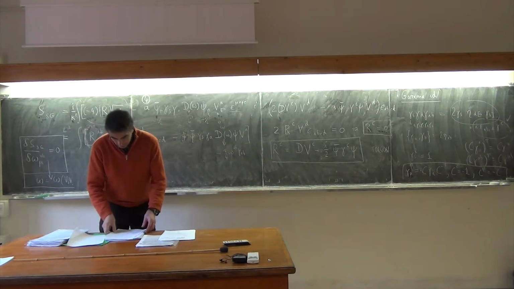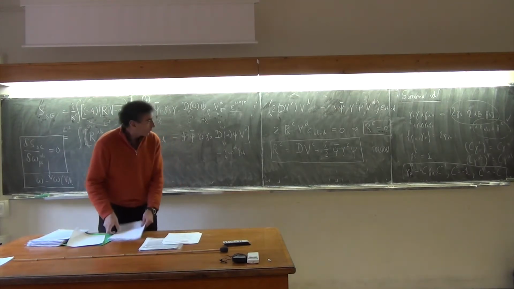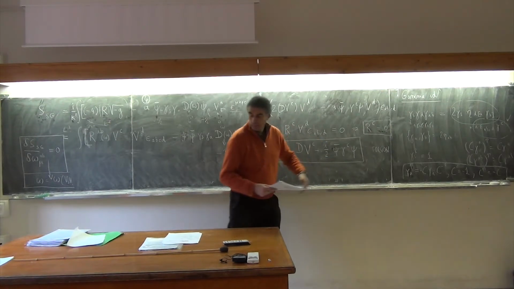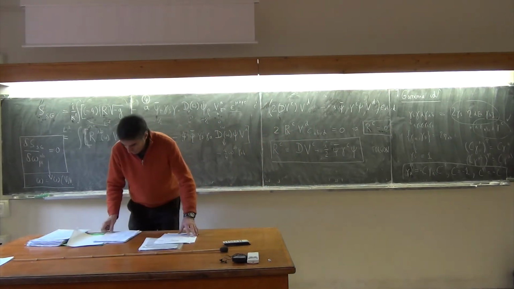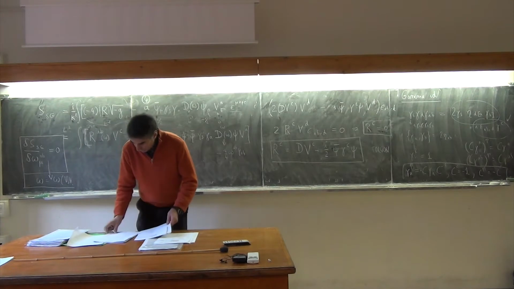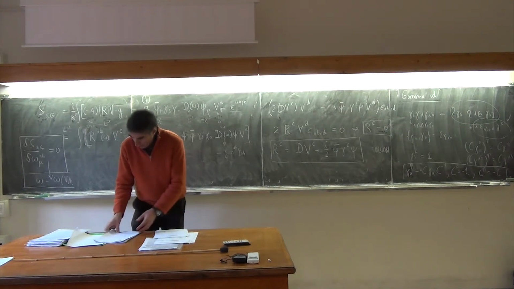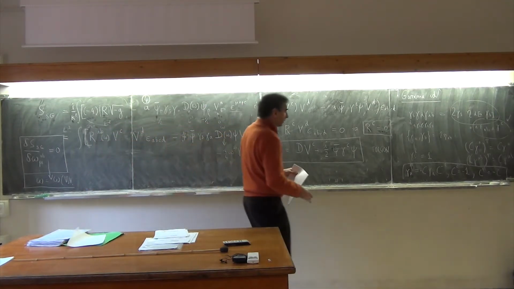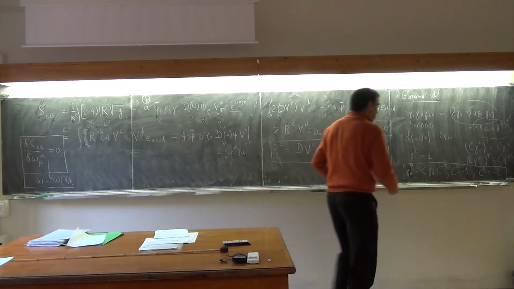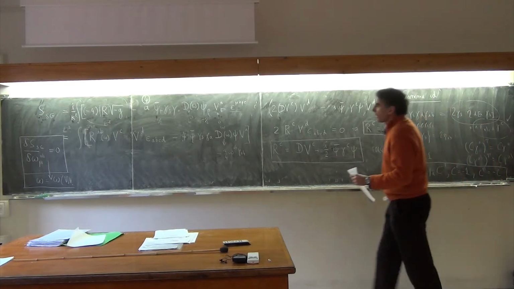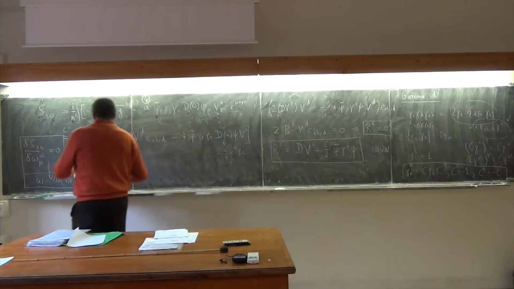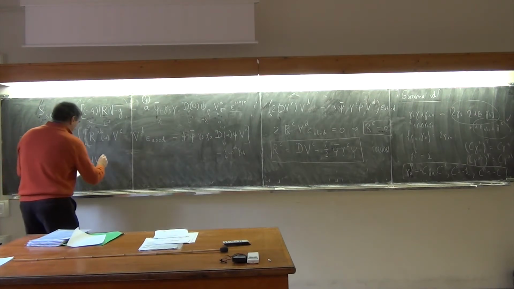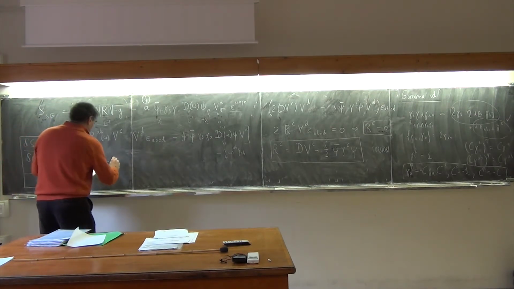We already saw the solution of this equation, the explicit solution of this equation when this term was not present. And I will then use this fact and remember it at the correct moment.